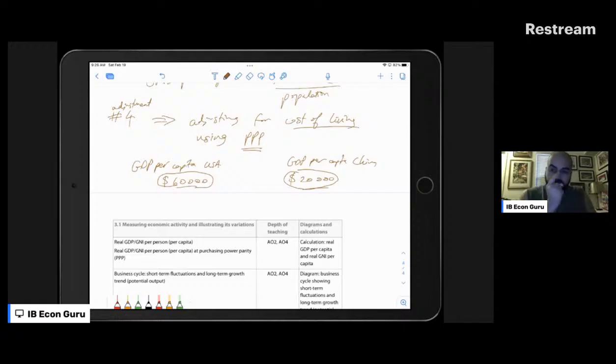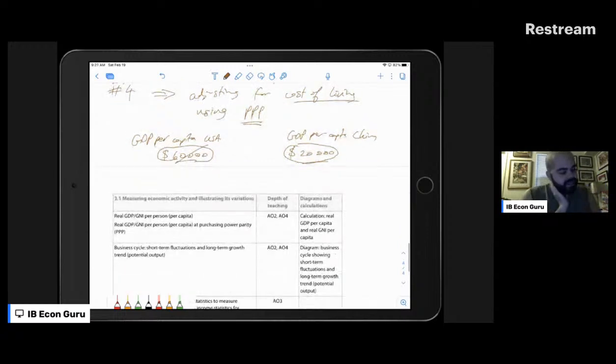Okay. However, when you adjust for cost of living, what if I told you that life in the United States is twice as expensive as life in China? So you can basically cut this in half to 30,000 using China's cost of living. That's a more accurate measurement.